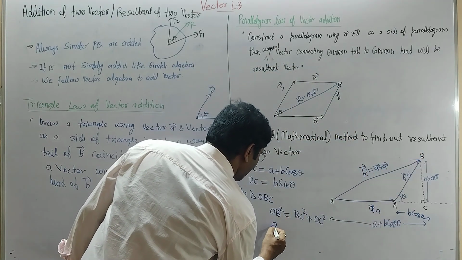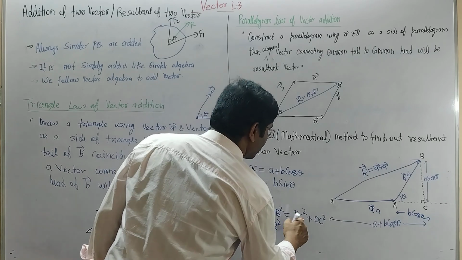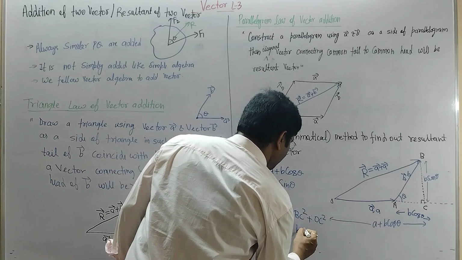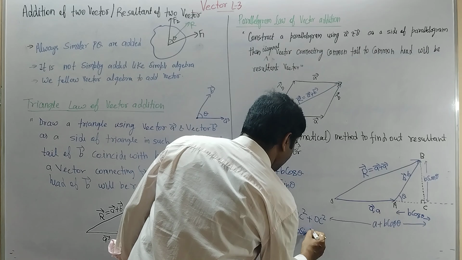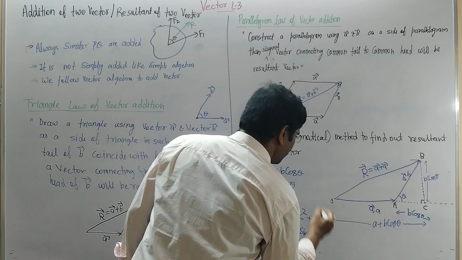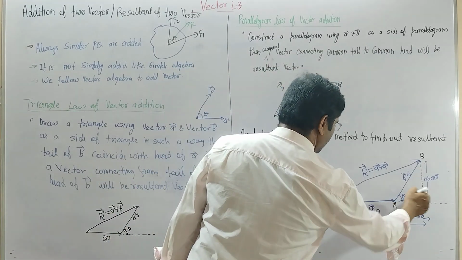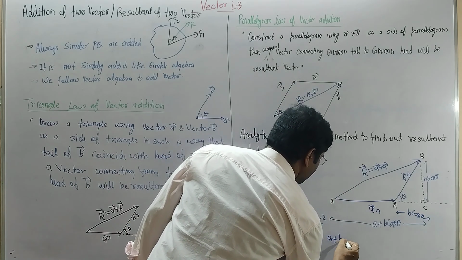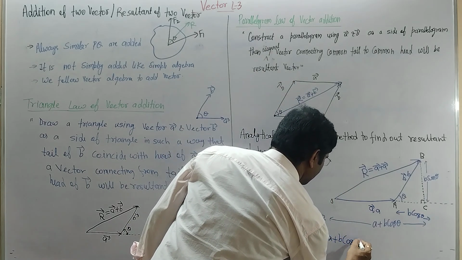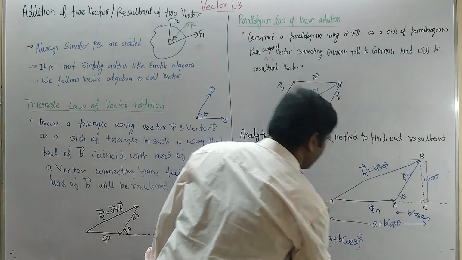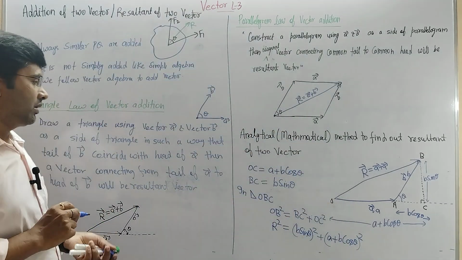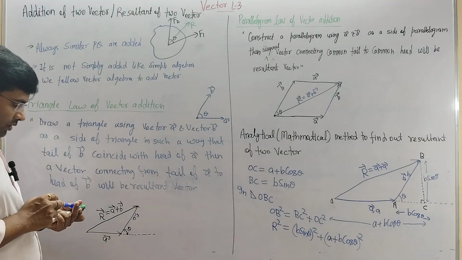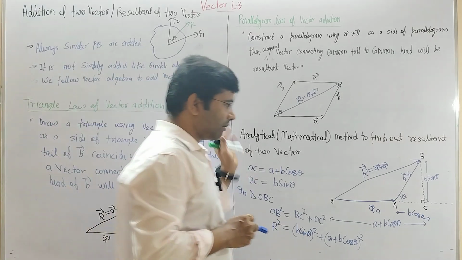So resultant value R square is equal to BC, which is B sin theta, whole square, plus OC, which is A plus B cos theta, whole square. Now we have to simplify it.